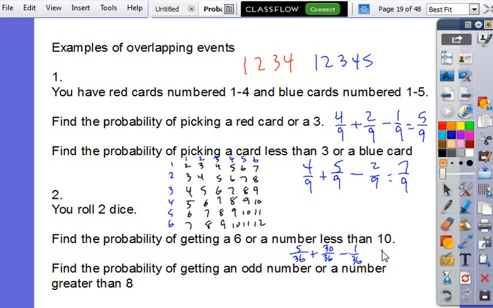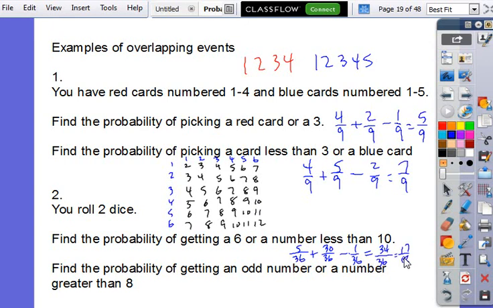The probability of it being less than 10 is 30. Well, if I'm only picking one number, the chances of it being a 6 and less than 10 is only that one. So it's kind of like what you did with the 3 up there too. Alright, so that would wind up being 34 over 36, which is 17 over 18.